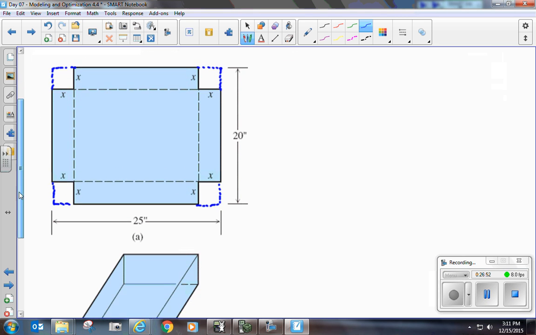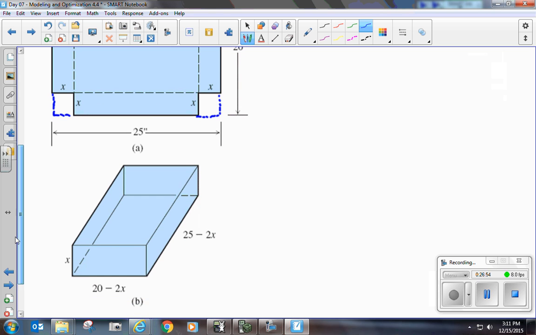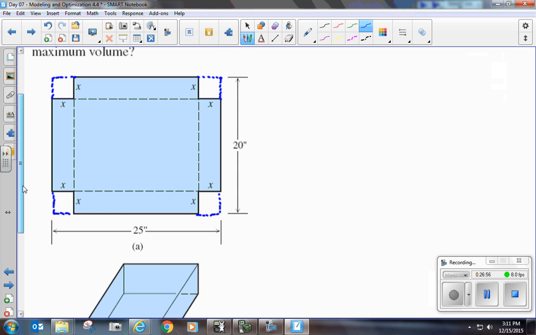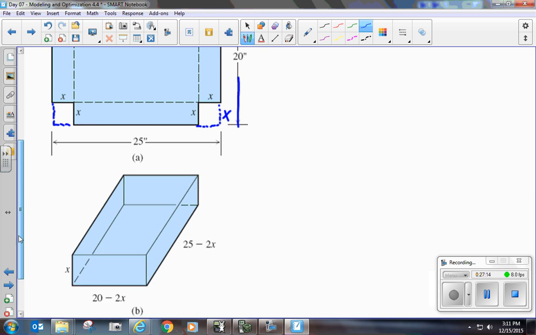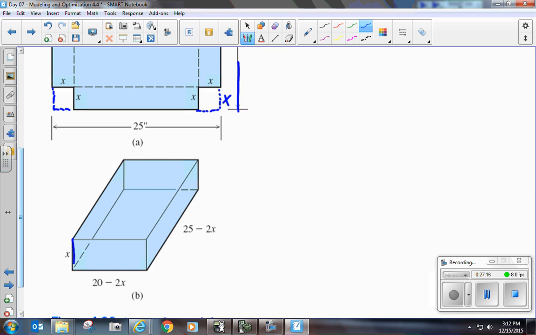Alright? Well, if we fold up our box, this is what we get, right? This side is a length 20, but we take out an x and an x. So that side is going to be 20 minus 2x. Same thing for the width. You have 25 and you were cutting out 2 x's, so minus 2x. But the height, when I fold this up, is going to be a height of x. It's this height right here that gets folded up, okay?